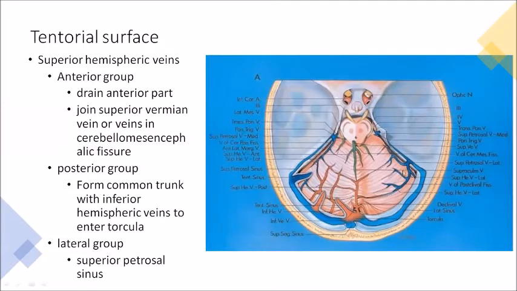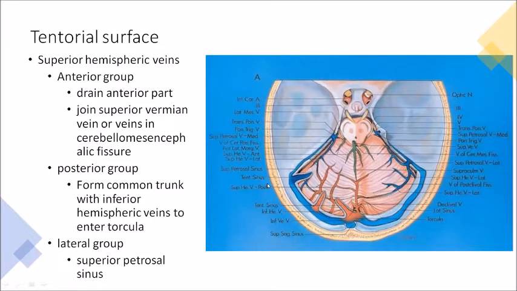The lateral or hemispheric surface of the tentorial surface is supplied by superior hemispheric veins. This is divided into anterior, posterior, and lateral groups. As the name suggests, the anterior group drains the anterior part. They may join the superior vermian vein or drain through the veins in the cerebellomesencephalic fissure.